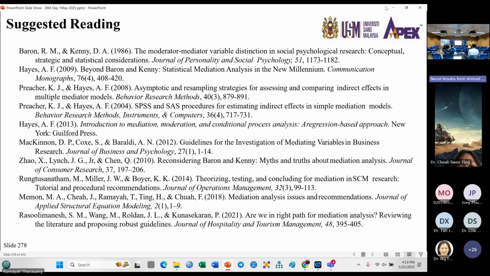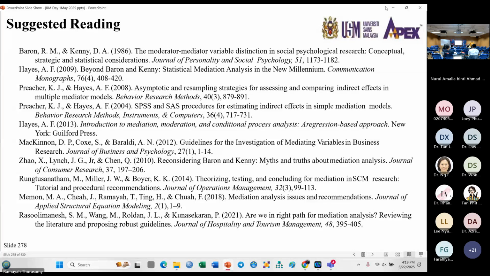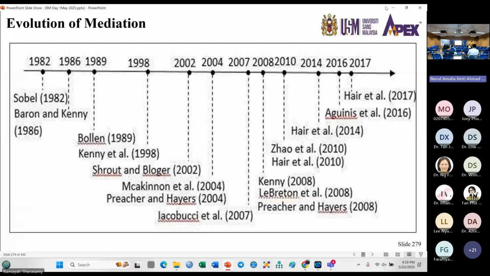Any questions on mediation? Okay, so this is the introduction of mediation analysis from a Taiwan author from the time we started. Now we have the latest one, 2017. This Hair et al. is actually the book, PLS Primer.